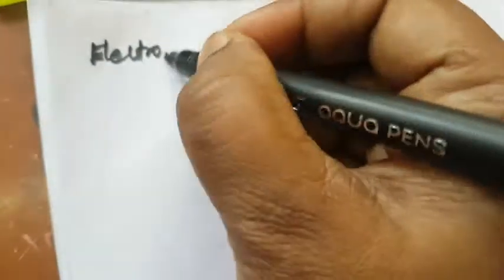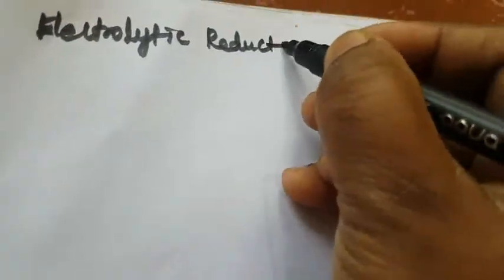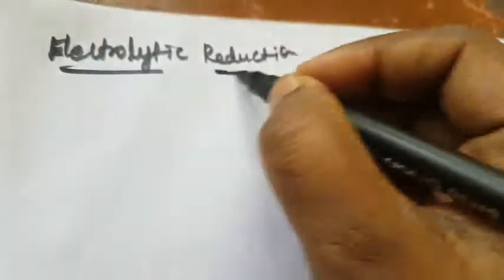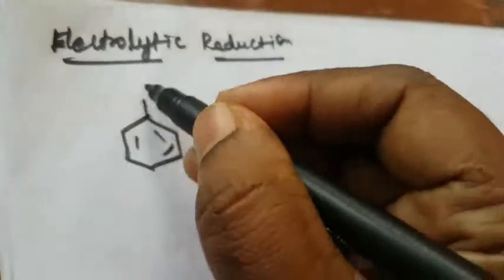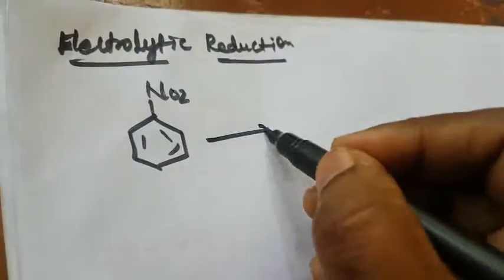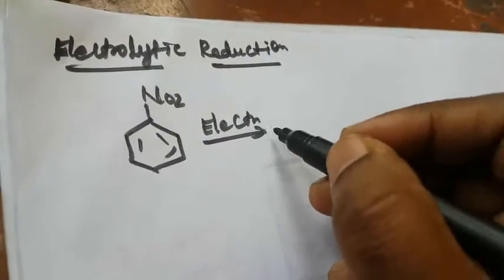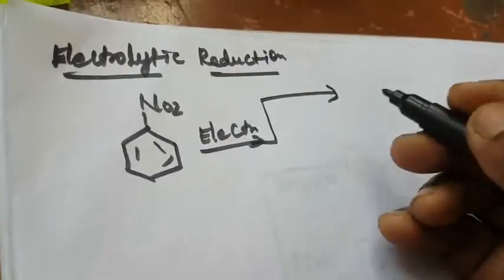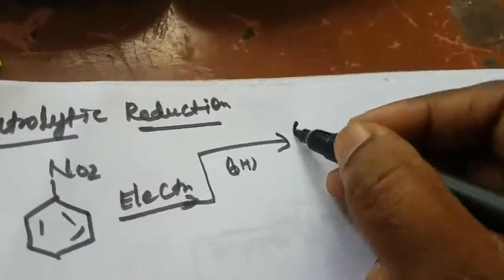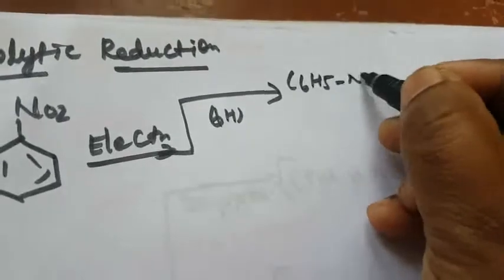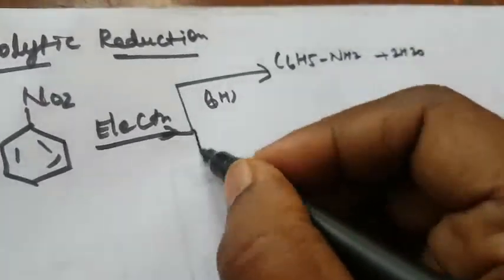Electrolytic reduction. What is electrolytic reduction? Nitrobenzene undergoes electrolytic reduction with hydrogen to form aniline, C6H5NH2, plus 2H2O.